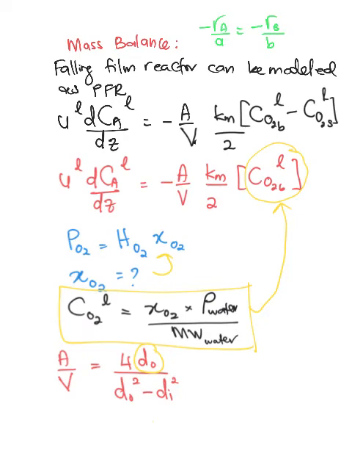In the previous example, the reaction occurred in the liquid film, so we used DI, the inner diameter. But for reaction on the wall of the reactor, the diameter here is D outer. So that's the difference between reaction in the liquid phase and reaction on the surface of the catalyst.